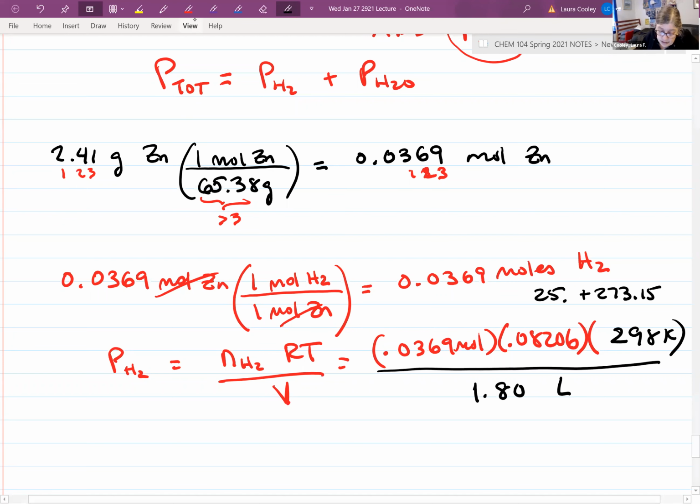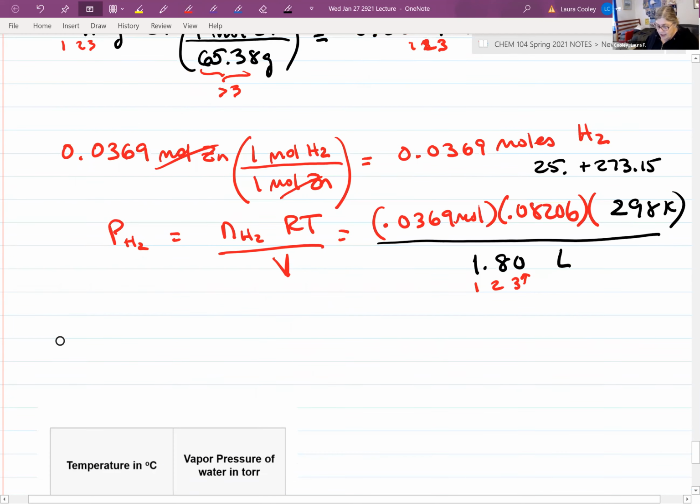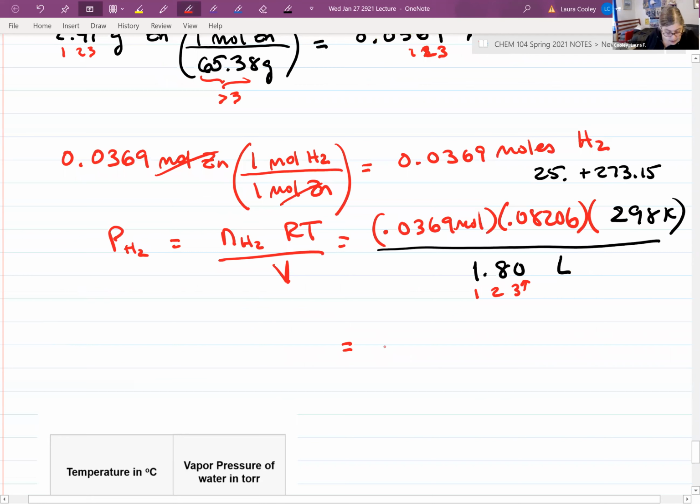Please keep the sig figs. Zeros at the end are significant, so you must keep them. And so you end up with, let's see, 0.501 atmospheres is PH2.